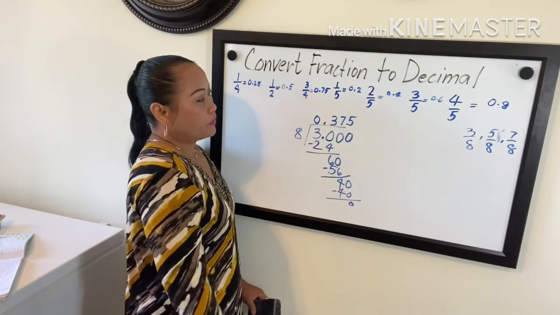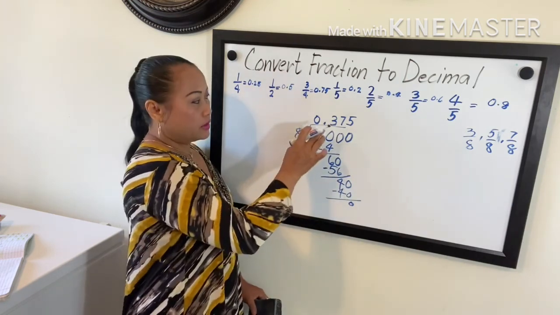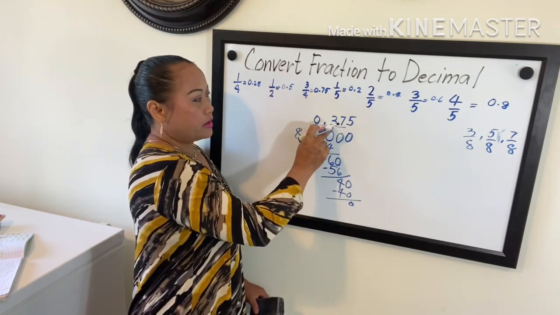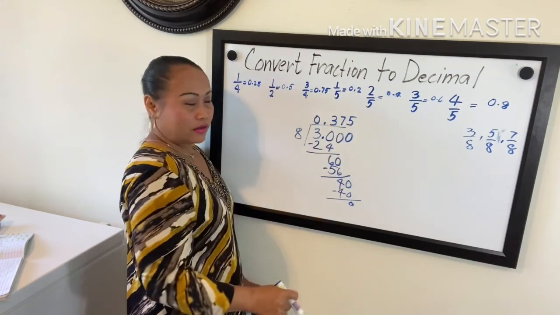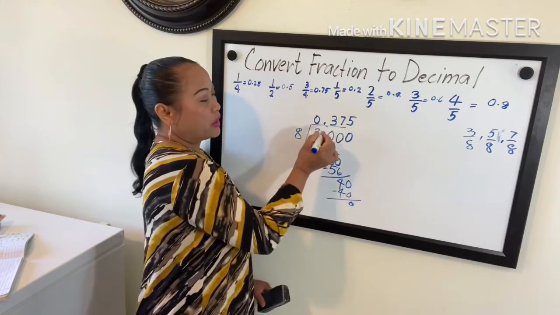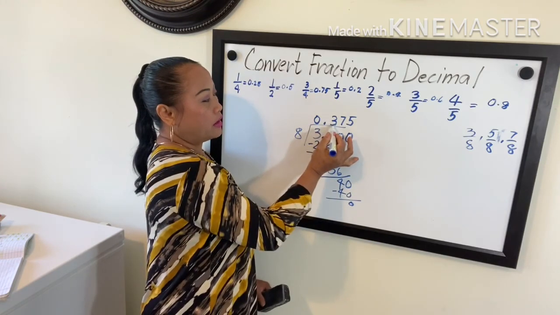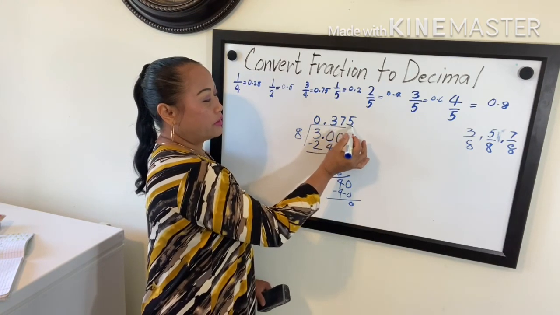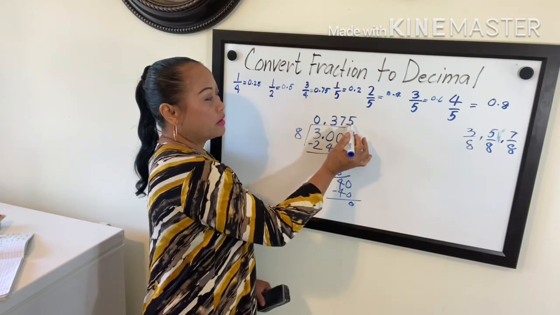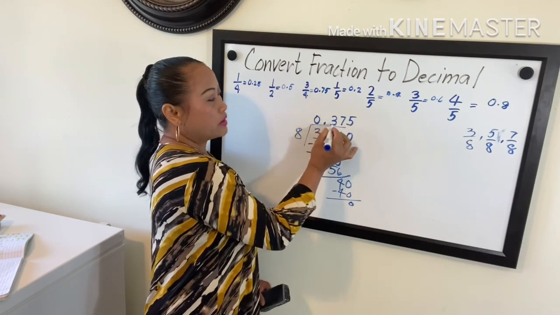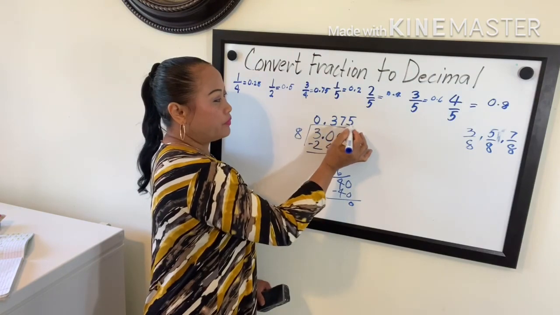0.375. Or we can read this as 375 thousandths. The place value of 3 is tenths, then 7 hundredths, and 5 thousandths.